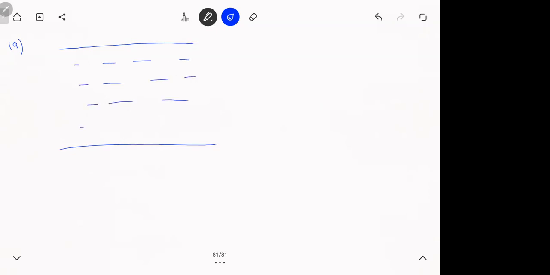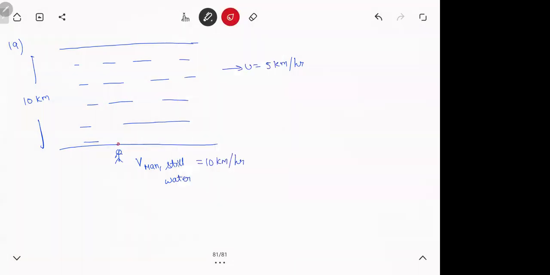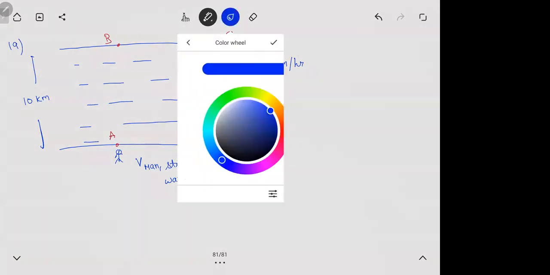You got a river flowing with 5 kilometers per hour. So the man is here. He can swim with 10 kilometers per hour. This is 10 kilometers, the width of the river. So this is point A. This is point B, and this is point C. And B to C is also 10 kilometers.